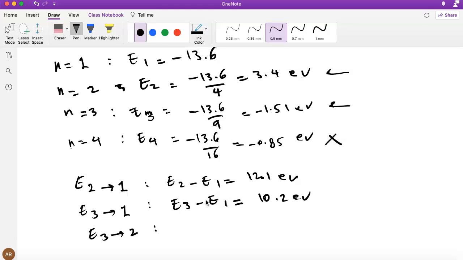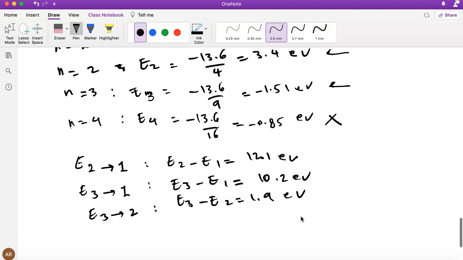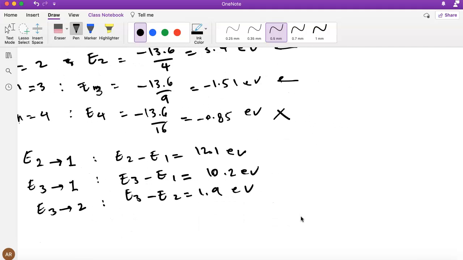And finally, E3 minus E2, that's going to be 1.9 electron volts. So immediately from these energies, we can plug in for the speed of light, then h, and calculate the various wavelengths.